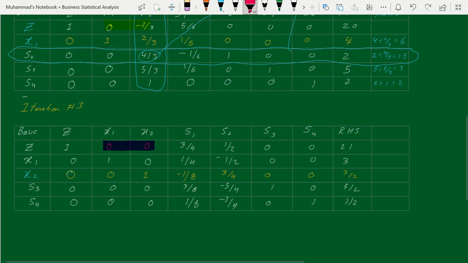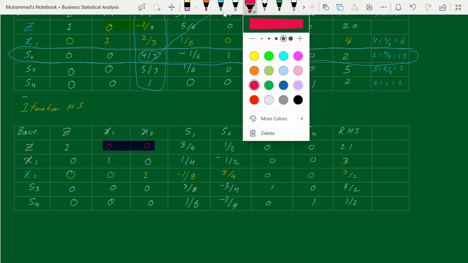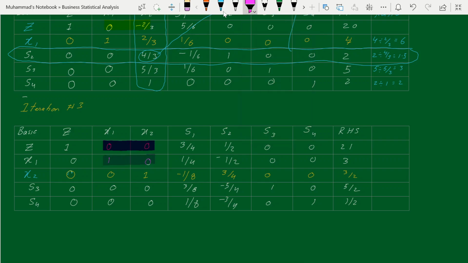And also, in this case we have this 0, 1. So the coefficient of x1 is equal to 1, and the coefficient of x2 is equal to 1. So you can see this is an identity matrix.